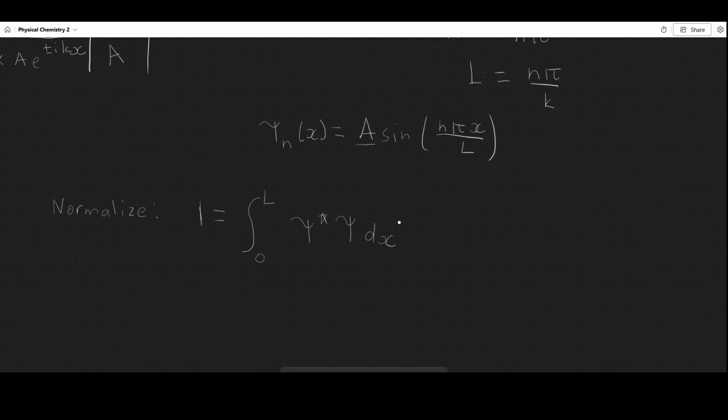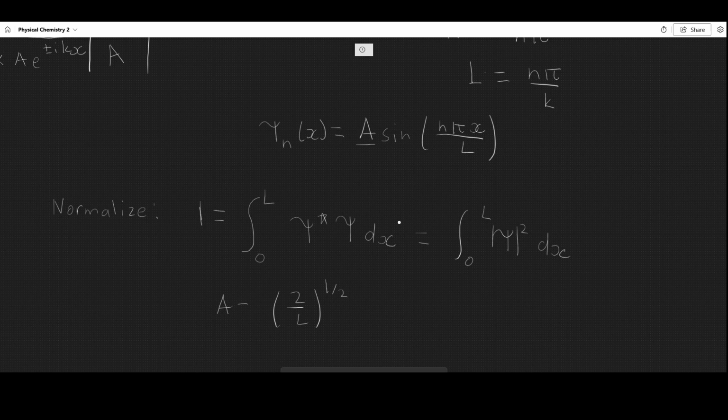But psi star, as I said before, if psi is real, there's no imaginary portion. This just ends up being equivalent to psi squared. And so if you go through the math and actually solve for what A is, you'll figure out that A is equivalent to 2 over L square rooted.